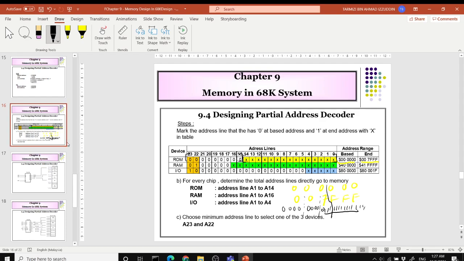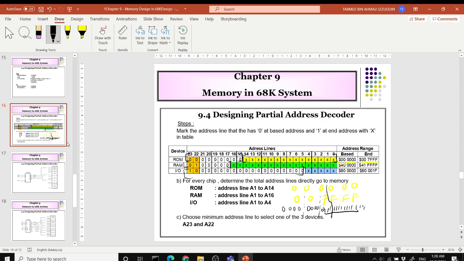The part that changes, you connect to the address bus, and the part that doesn't change, you connect to the address decoder. But there's a bit of difference in how you connect it to your address decoder between the partial address decoder scheme and the full address decoder scheme. You do that for your RAM and your I/O as well, and you'll end up having a table like this.